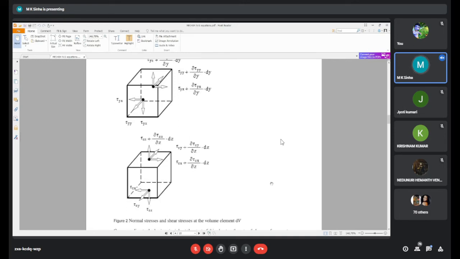The third figure is written for the z direction. The z direction in these figures is upward. So stresses always act outward; that's why tau zz acts downward, and tau zz plus del tau zz by del z into dz is written upwards.